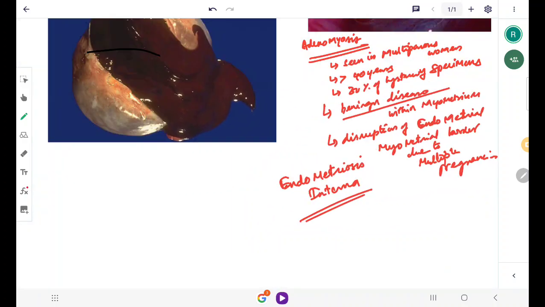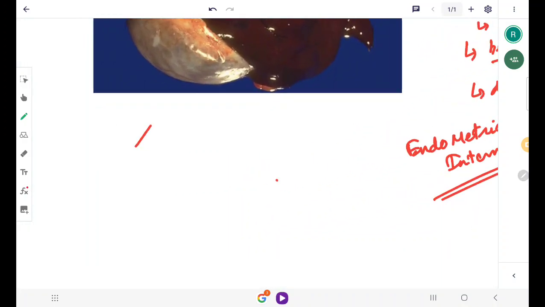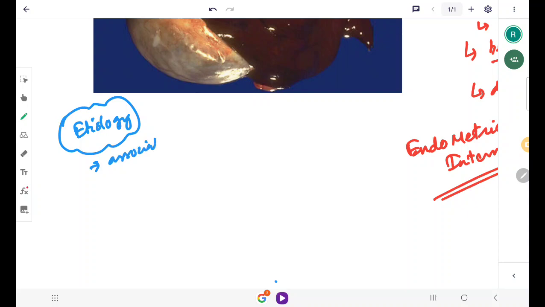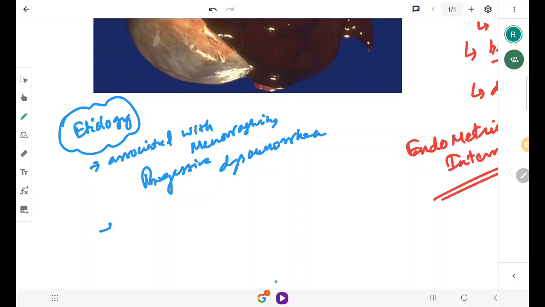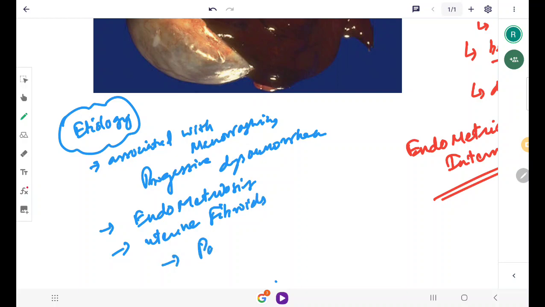So now, speaking about the etiology or the causes of adenomyosis, it's associated with menorrhagia and progressive dysmenorrhea, and obviously endometriosis, uterine fibroids, and parity.